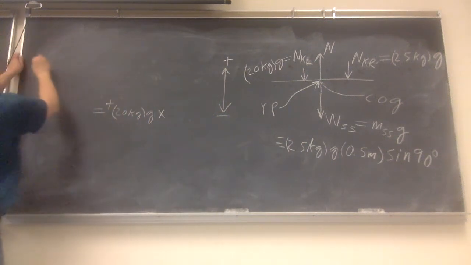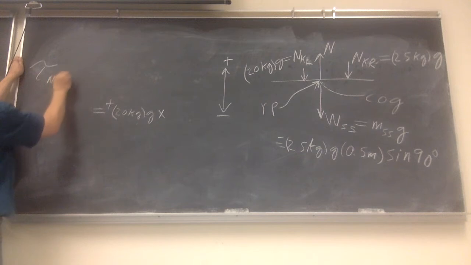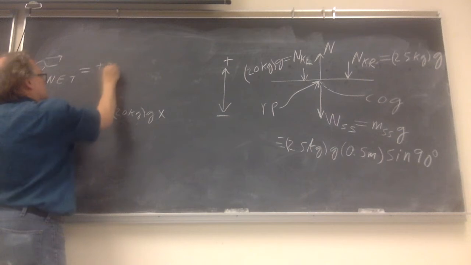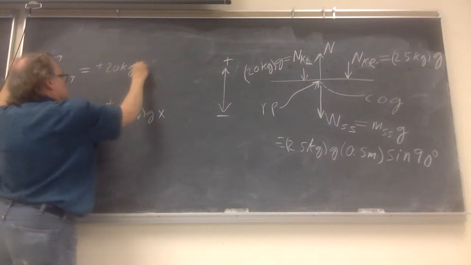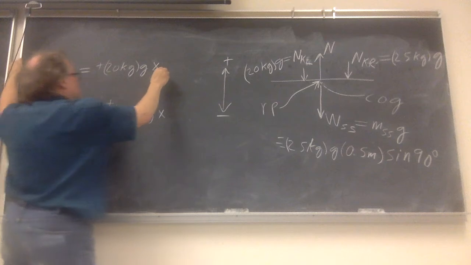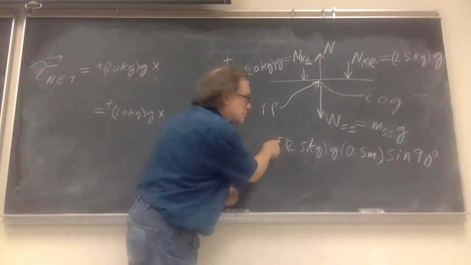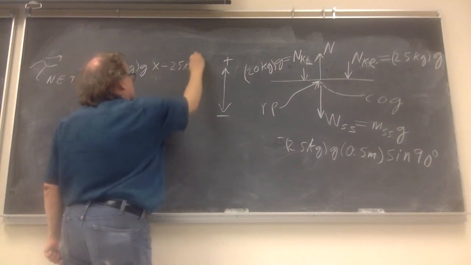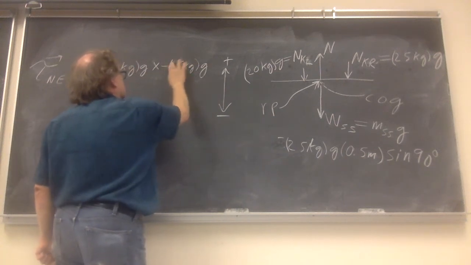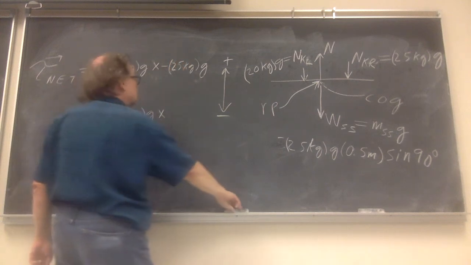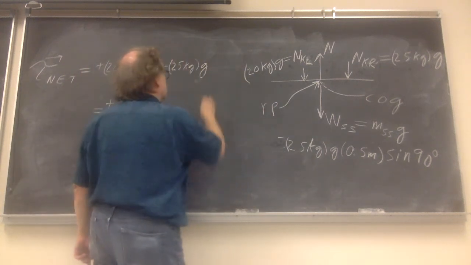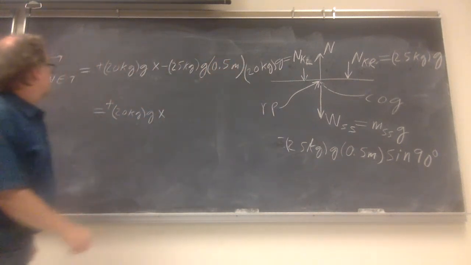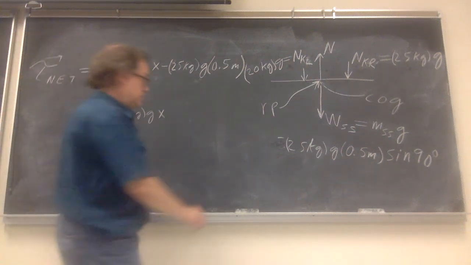So, net torque is the first torque, which was this, positive 20 kilograms G times X meters, plus the second torque, which was minus 25 kilograms G times half a meter. And that all has to add up to 0.